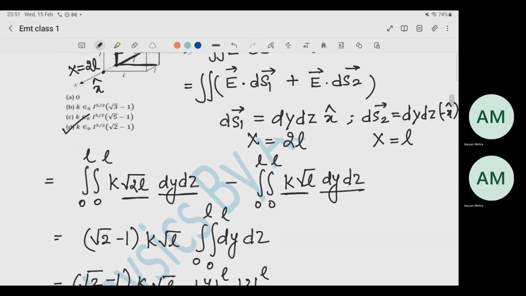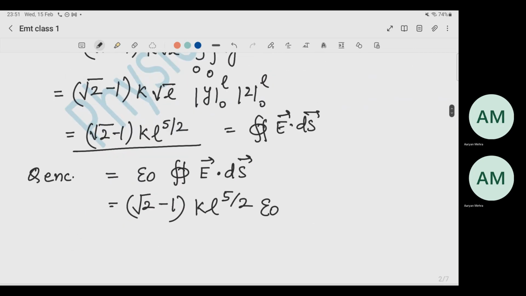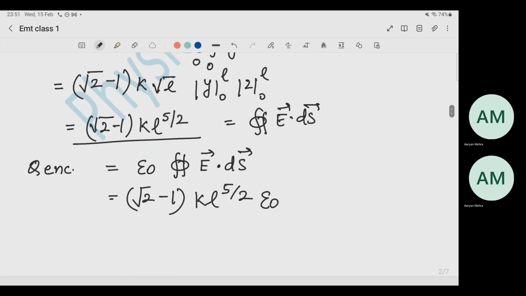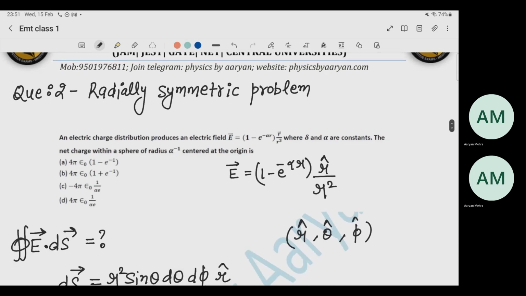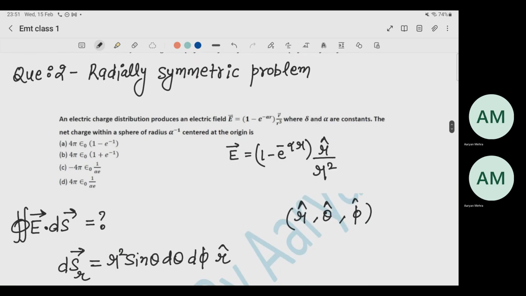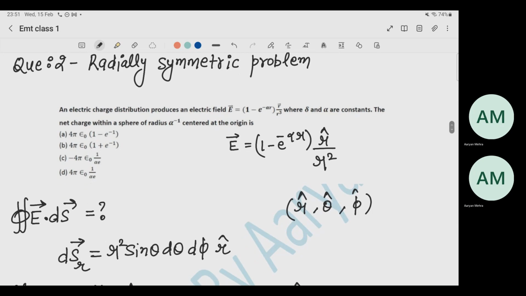Now, how do you solve the problem when it is in radial coordinates? I already mentioned you should know very deeply about the radial coordinates, spherical symmetric coordinates, and cylindrical polar coordinates. So now let's see the radially symmetric problem. How do we know? An electric charge distribution produces an electric field. The electric field is given to you, and if you see, it is only a function of r.